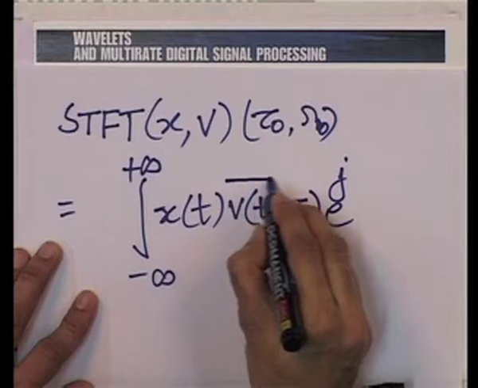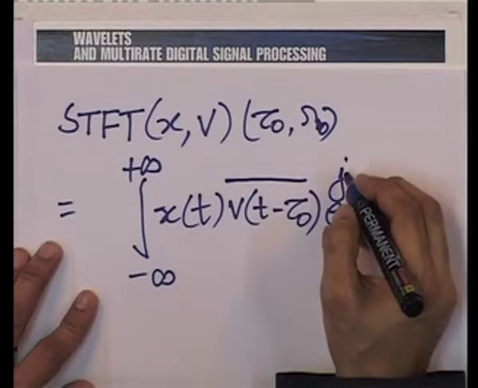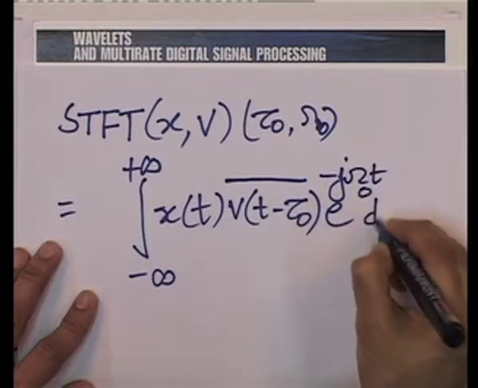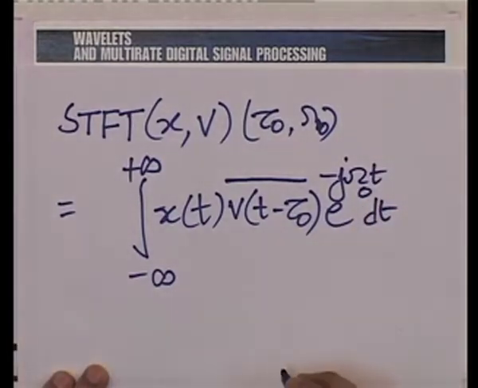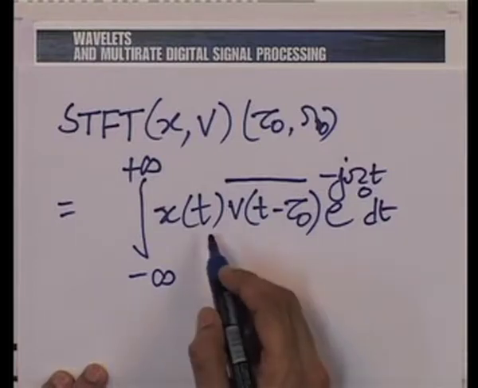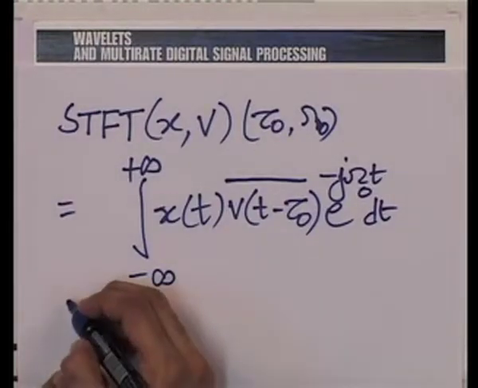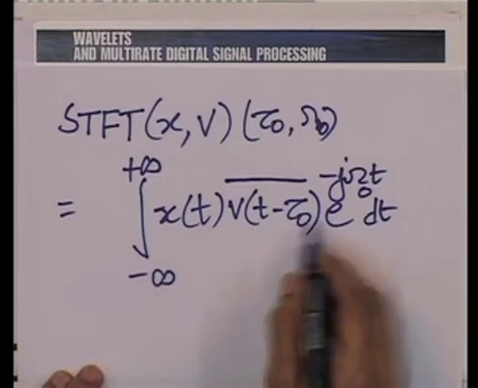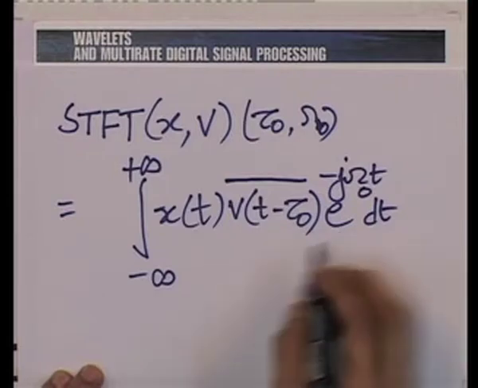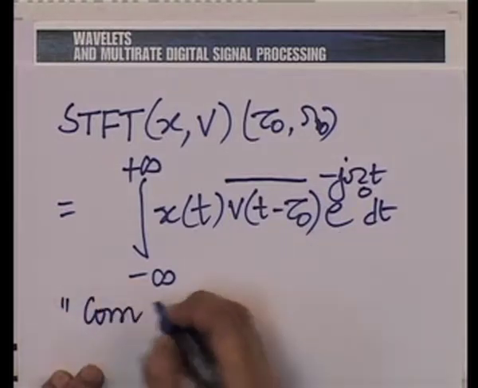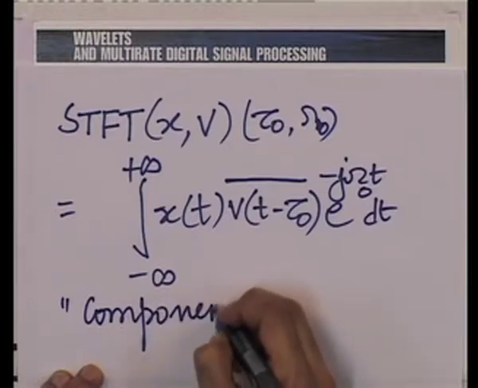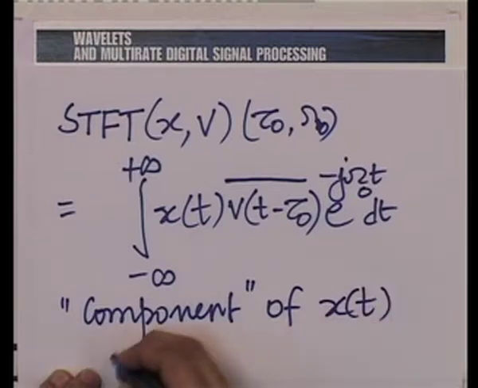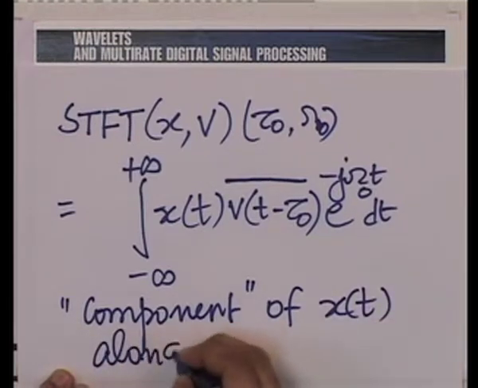Recall that we in general must put a complex conjugate here, and that means that we must make this e raised to the power minus j omega naught t. Now, in a certain sense, this is like a component; it is a dot product of x(t) with a translated and modulated version of the window. So, it is like a component of x(t) along something, we could view it that way.